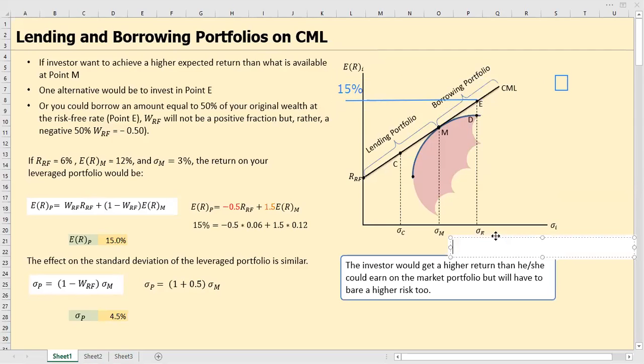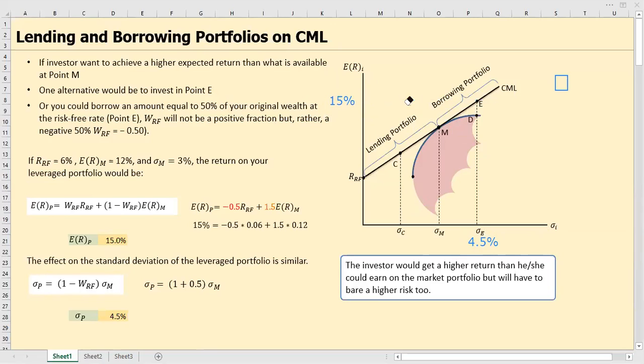And the standard deviation is equal to 4.5%. Standard deviation here is 4.5%. The return of this particular portfolio is equal to 15%. So that is what we have calculated here, right?